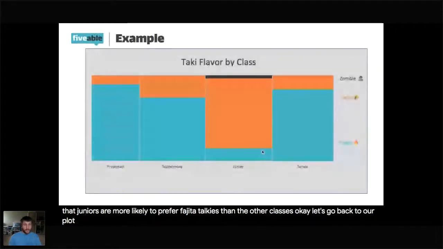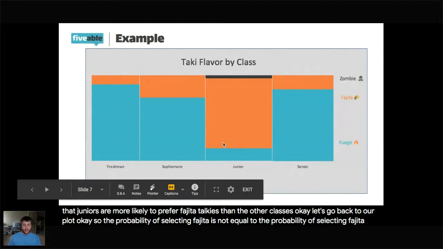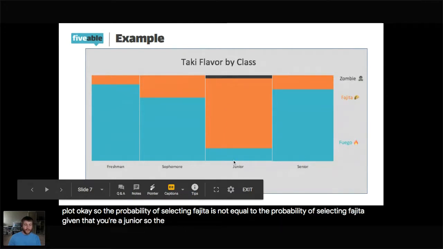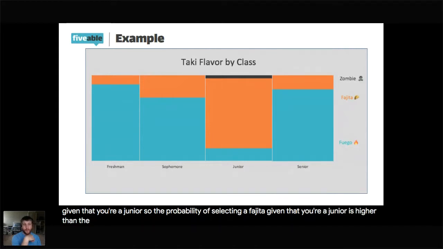The probability of selecting fajita is not equal to the probability of selecting fajita given that you're a junior. So the probability of selecting fajita given that you're a junior is higher than the probability of selecting fajita overall. Therefore, those two things are not independent of each other.